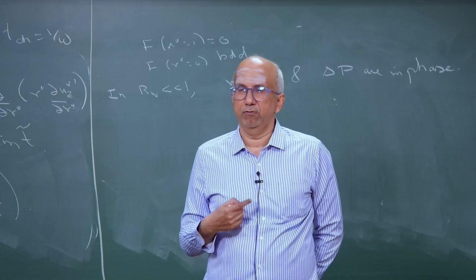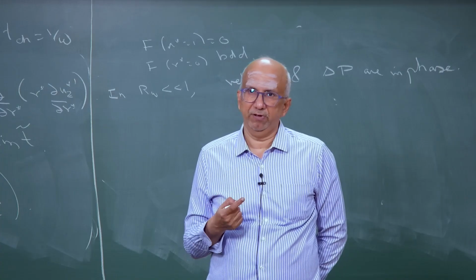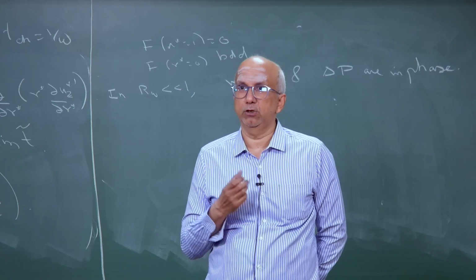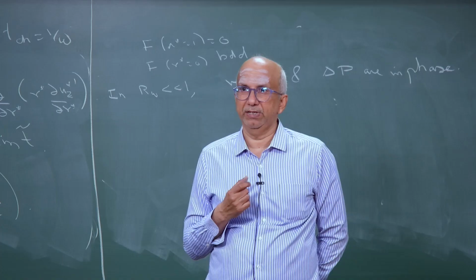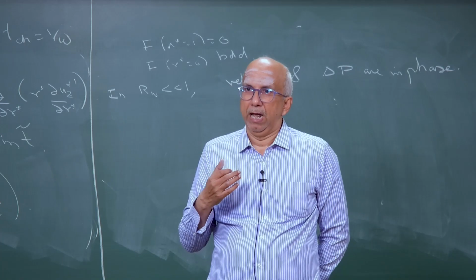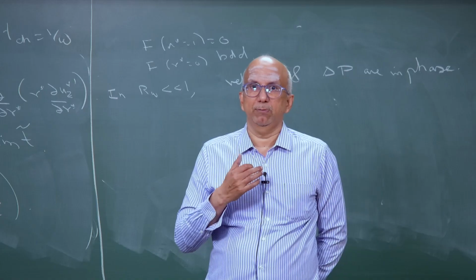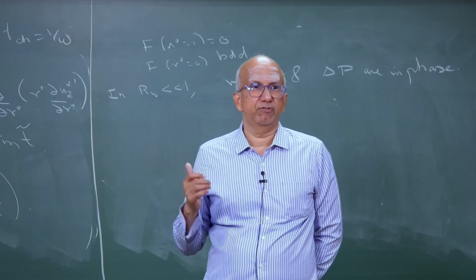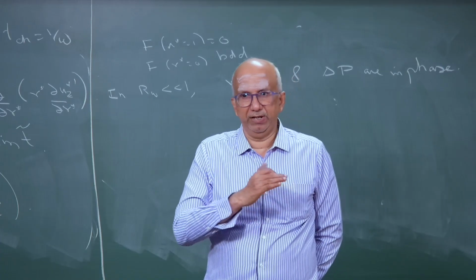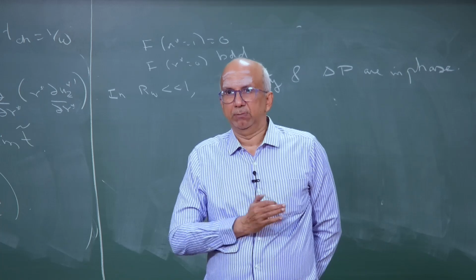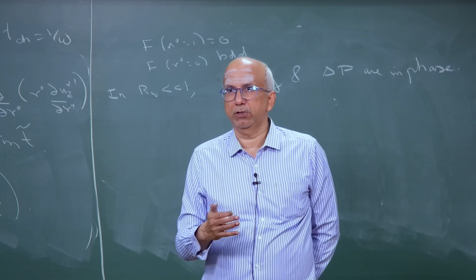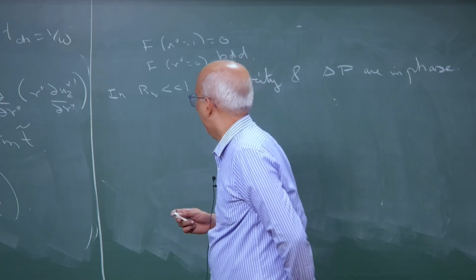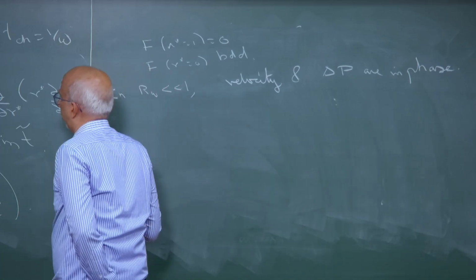The time scale for momentum diffusion, r squared by nu, is very small, and therefore the momentum diffusivity is able to catch up with the delta p and the velocity is in phase. So, if my pressure drop is varying slowly, at every instant of time my velocity adjusts to the new pressure drop, and therefore the velocity and delta p are in phase. Okay. And that is a very important conclusion we have.